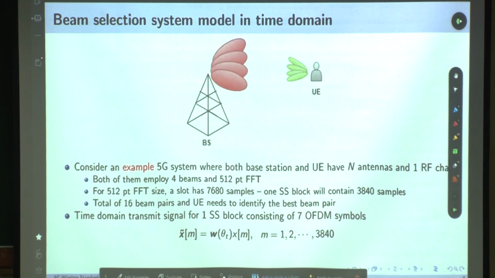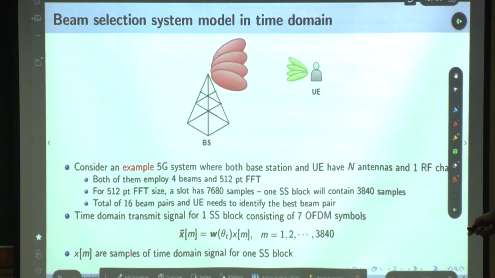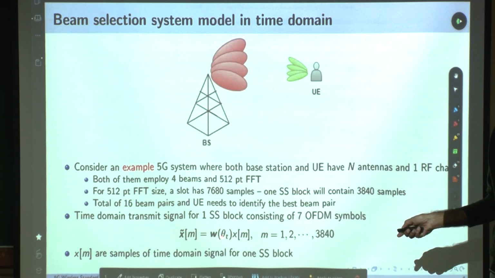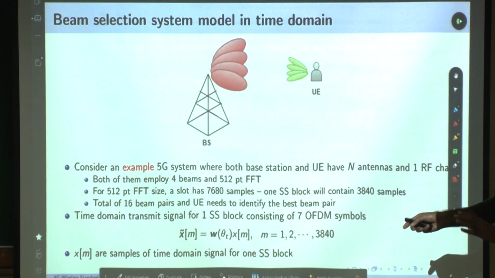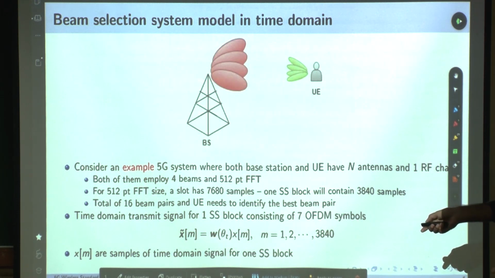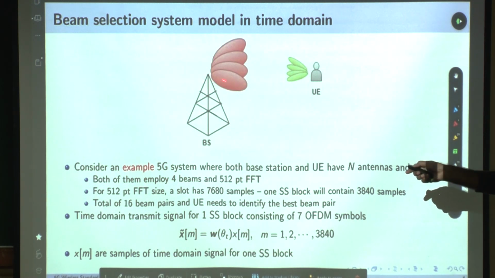So X of M are the samples of the time domain signal for one SS block, precoded in the time domain, and transmitted in a particular direction, which I just taught you how to do. This is the signal being transmitted in one direction.